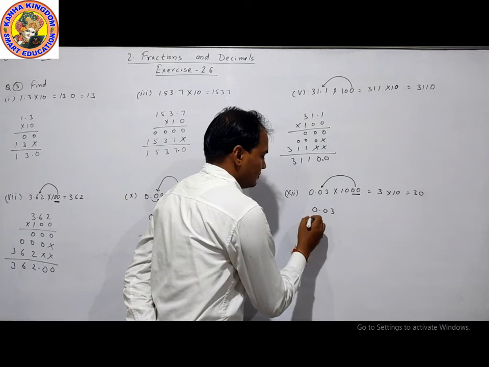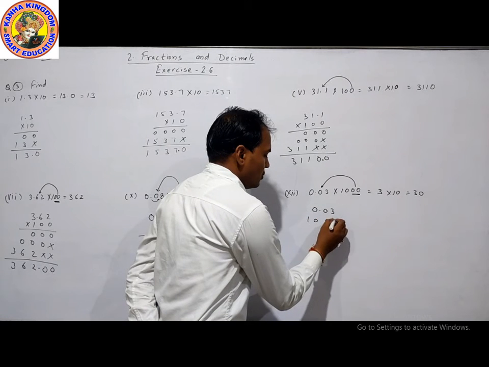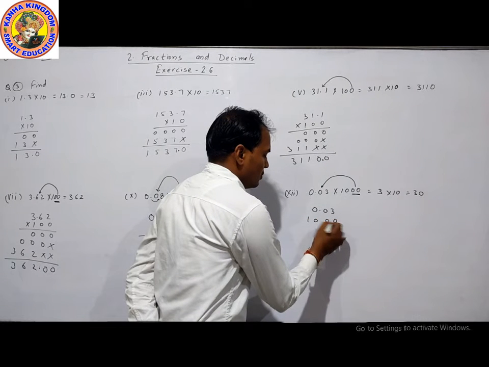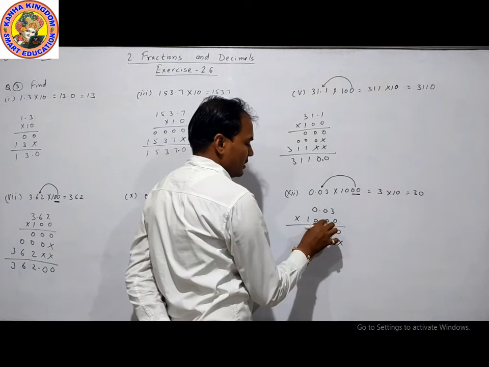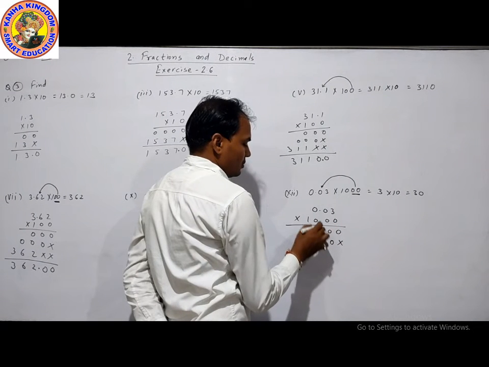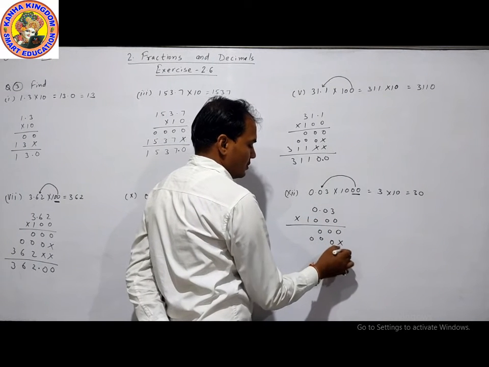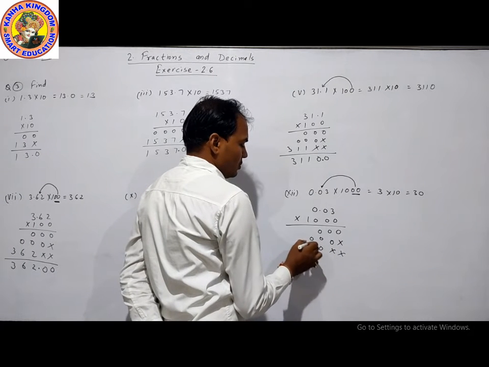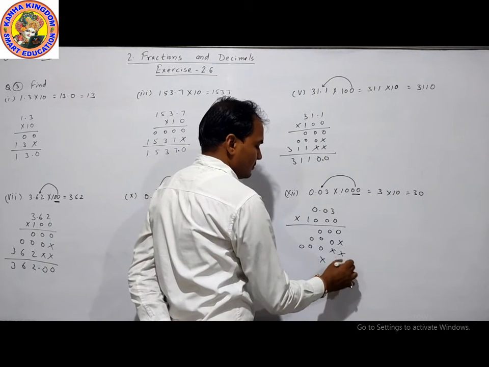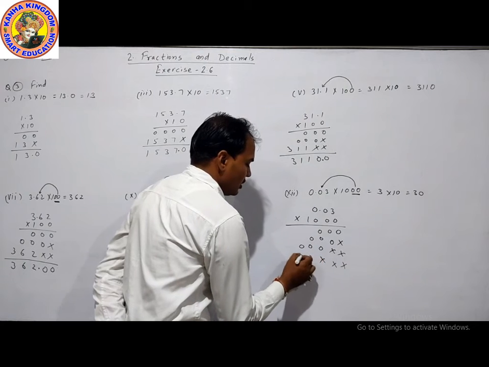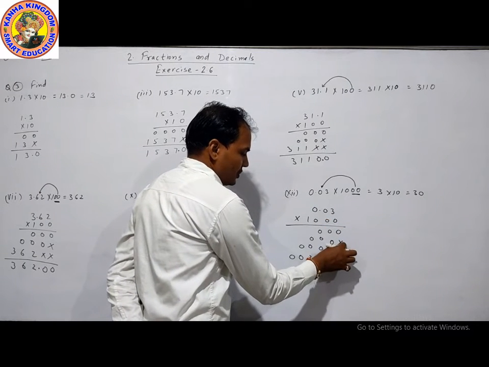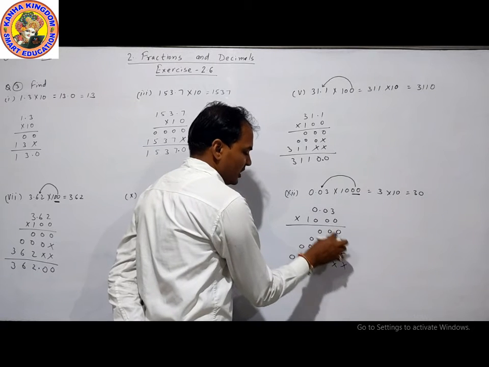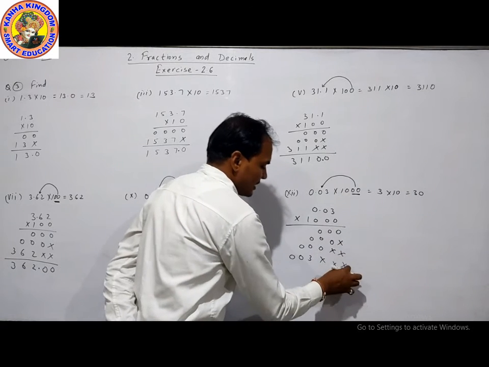0.03 into 1000. 0 will multiply 0 0 0. Next 0 0 0. Next 0 0 0. Next 1 3 0 0. Second multiplication of 0, third multiplication of 0, fourth multiplication of 1.